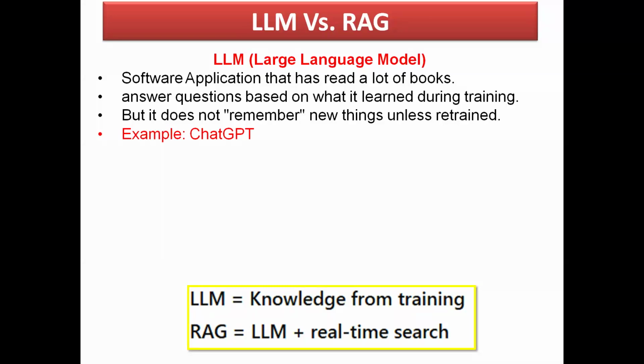What is a large language model? At the back end of each and every AI platform, there is a particular model, a machine learning model, a deep learning model. So from where does it extract the information? For example, you are using ChatGPT. Whatever question you are asking, from where is it giving you the responses, that particular answer?